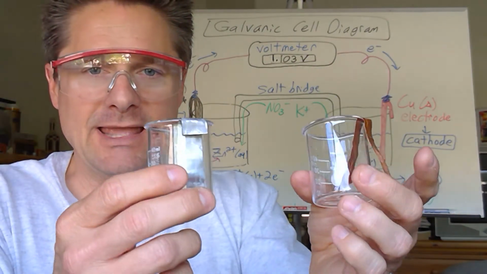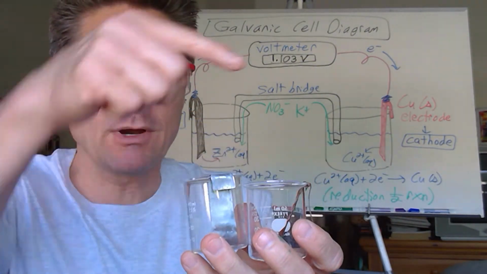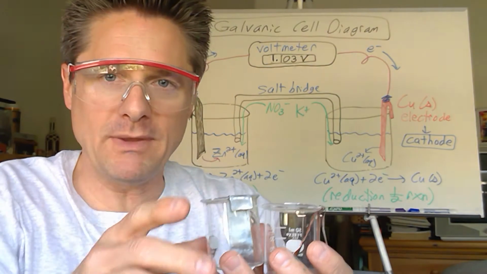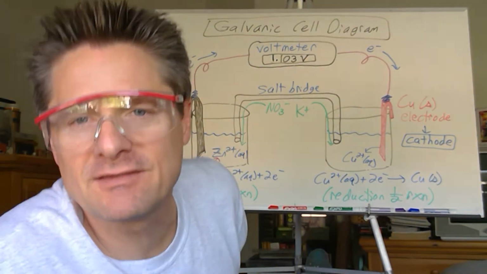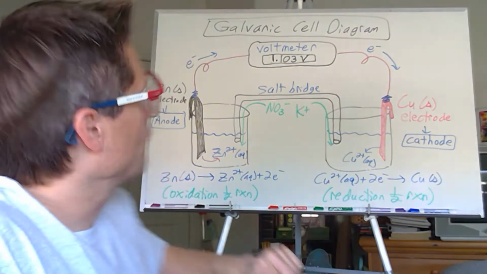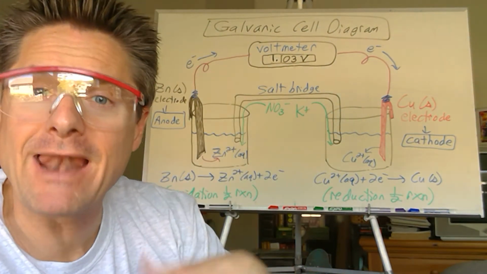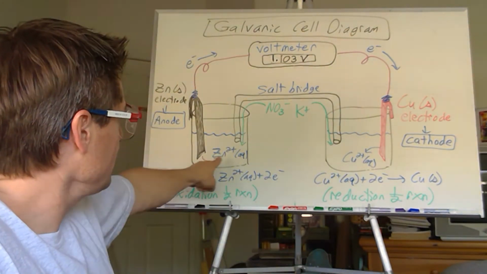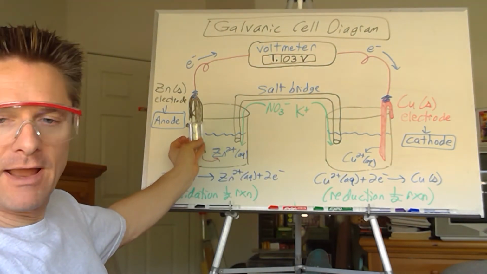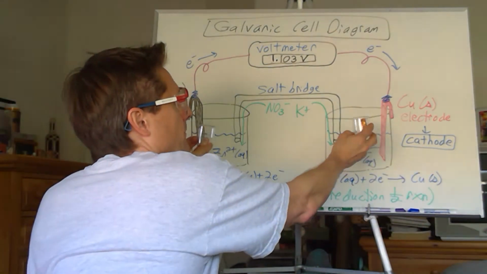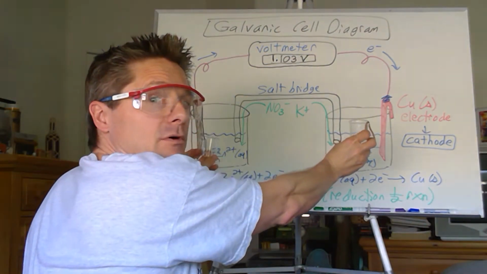And then we're going to keep these separated. And we're going to connect them by a wire with a voltmeter and then what's called a salt bridge to complete the circuit. I'll show you what that looks like physically in a second. But here's how we're going to draw this galvanic cell diagram. Galvanic because it's spontaneous. So here's this beaker, right, with our zinc hooked around. Here's this beaker with our copper hooked around there, right?